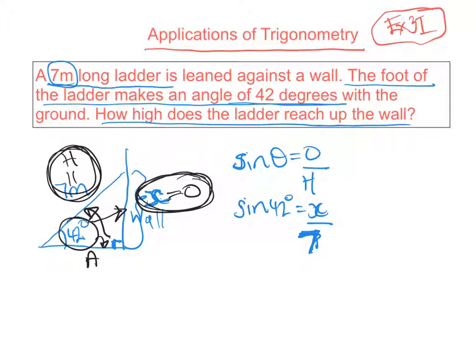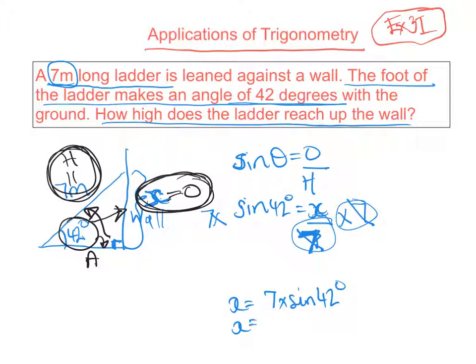Now let's see, what we need is x on its own, so what I'll do is times by 7 on both sides. Now that 7 will cancel out with that 7 because this is divided by 7 and times by 7, they're opposites, and so they'll cancel out. So we'll have x is equal to 7 times sine 42.